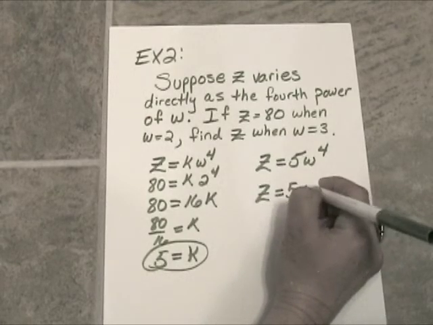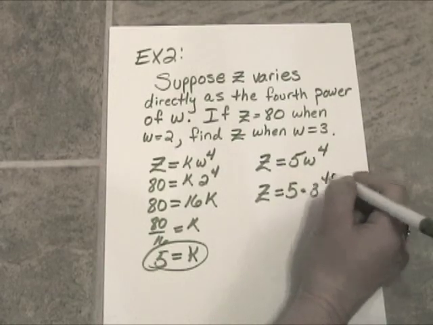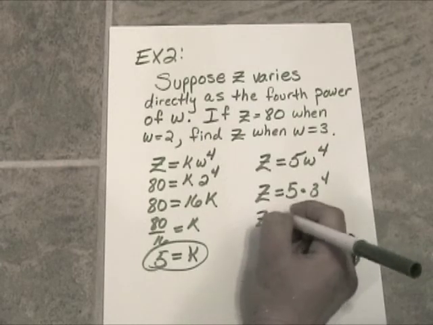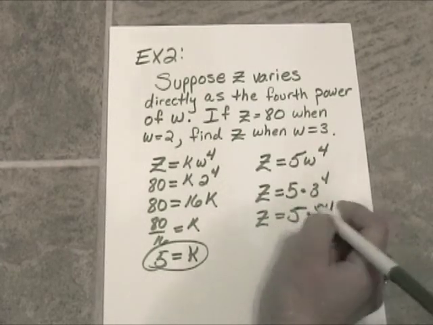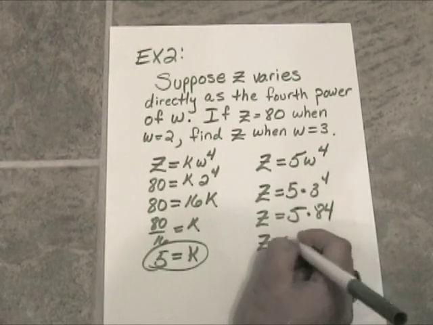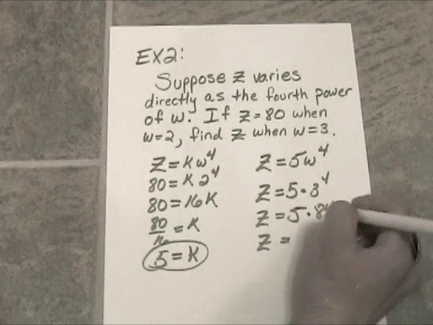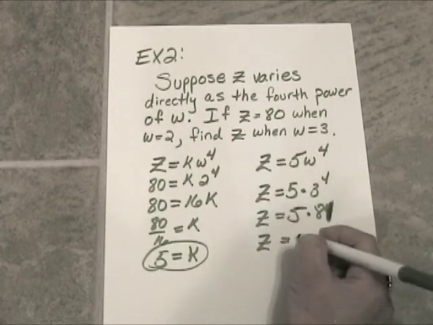So we'll put a 3 in there, 3 to the 4th power, which is 81. So z is going to be equal to 5 times 81. Excuse me, I wrote 84, that's 81. So that's 405.